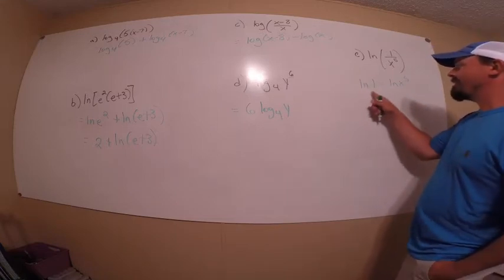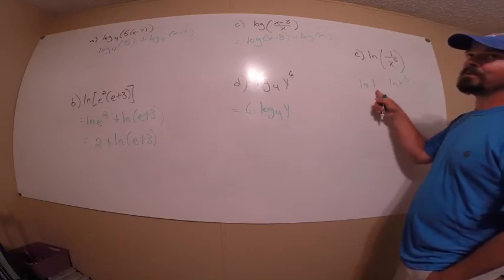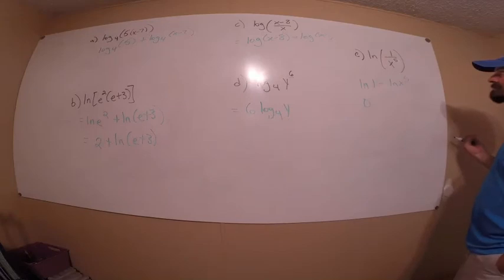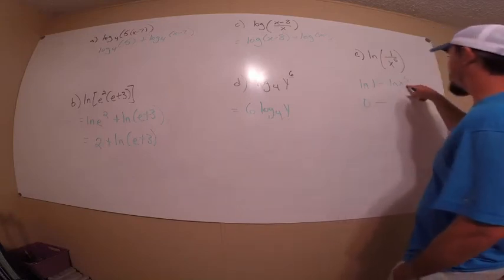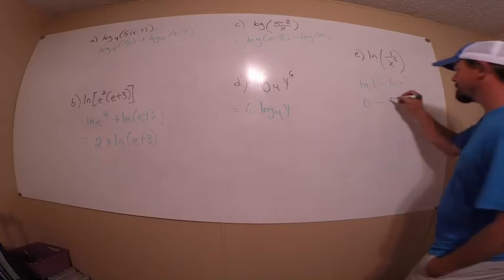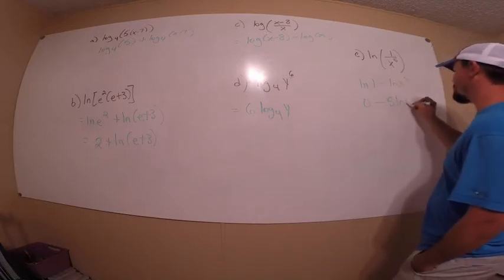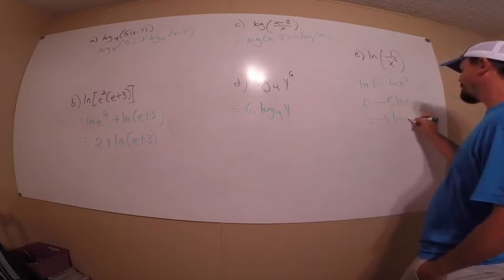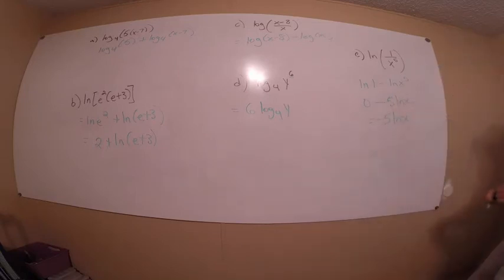Anything that you have here, the log base anything of 1 or the natural log of 1 is just 0. Now I can bring this 5 to the front because it's an exponent. I get 0 minus 5 natural log of x, which gives you negative 5 natural log of x, and that's as simple as you get.